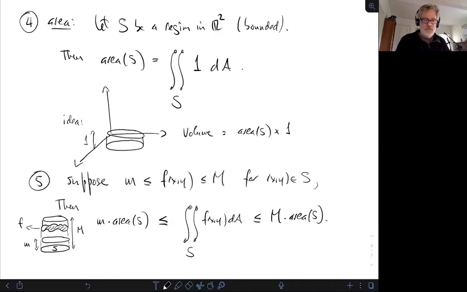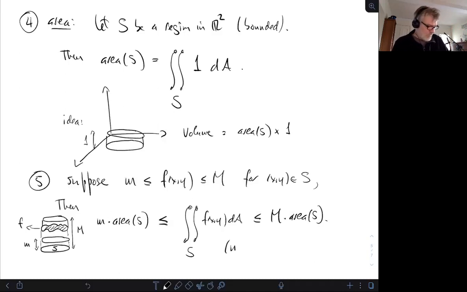So if you're looking at the integral over S of f, this volume is certainly bigger than the volume of the hockey puck at the bottom, which has volume area of S times little m, and it's less than the soup can, which has volume big M times area of S. Hopefully this makes sense. Does that work? It's not something that you're going to use that many times, but there might be a couple of exercises where you have to estimate what's going on, and this could be useful.